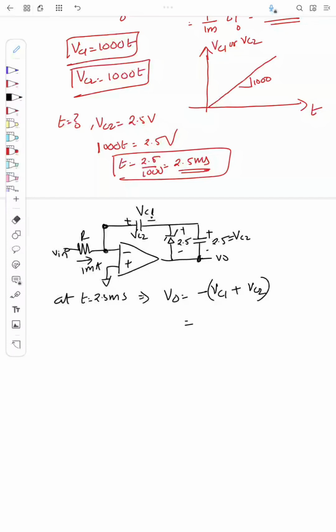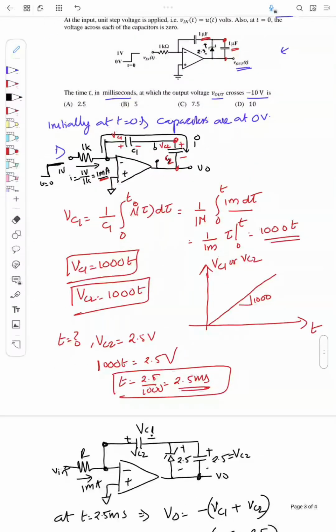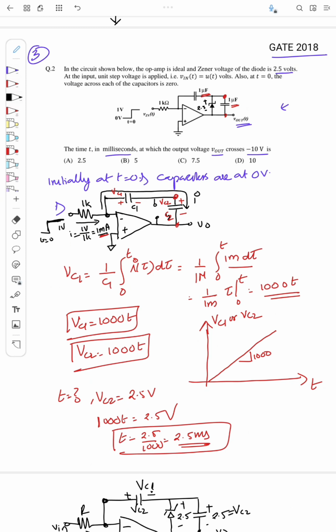So here what is VC1 now? At 2.5 millisecond, VC1 is 2.5 volt and VC2 is 2.5 volt, so 5 volt. So at 2.5 millisecond, V0 reached is minus 5 volt. But the question is to find the time at which the voltage reaches minus 10 volt.